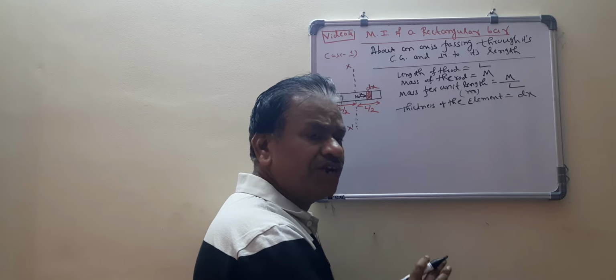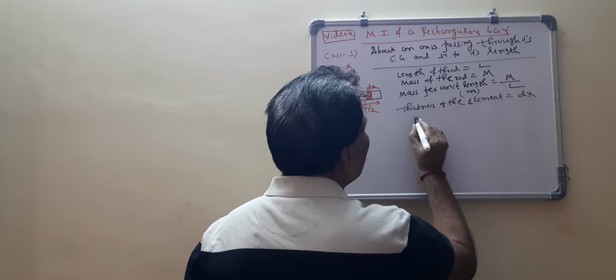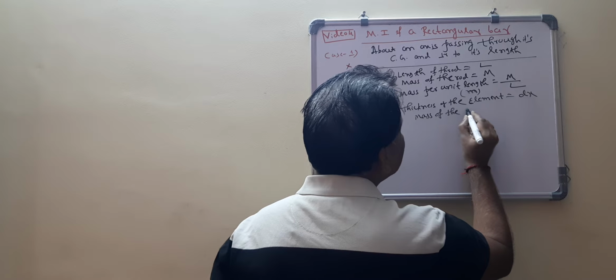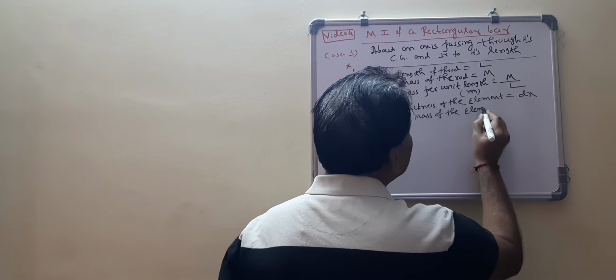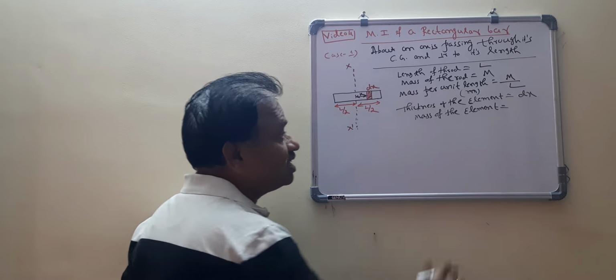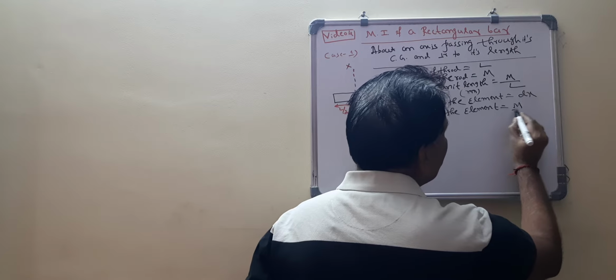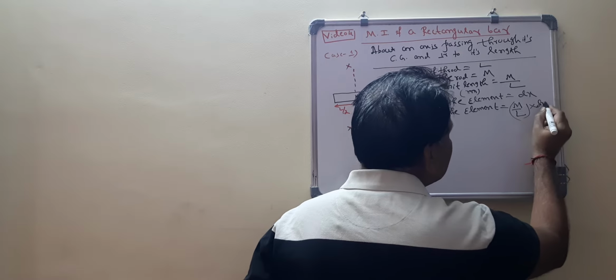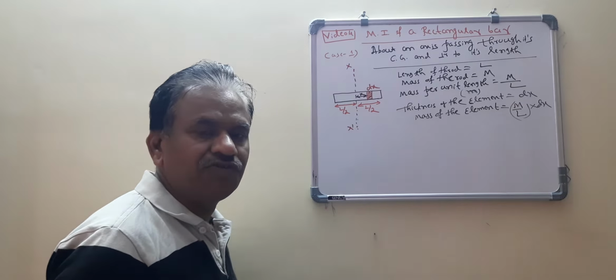Small m is the mass per unit length. Then the mass of the imaginary element, or small part, is m by L per unit length into dx. Whether you followed or not, I don't know.